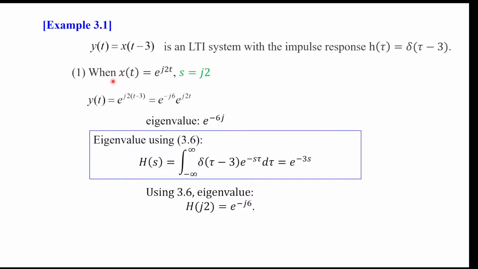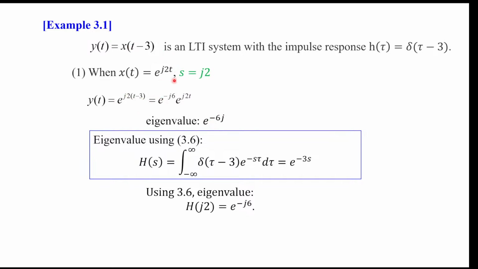When x of t is e to the j2t, so s equals j2, then y of t will be, using the direct calculation here, e to the j2 times t minus 3, so e to the j2 times (t minus 3).